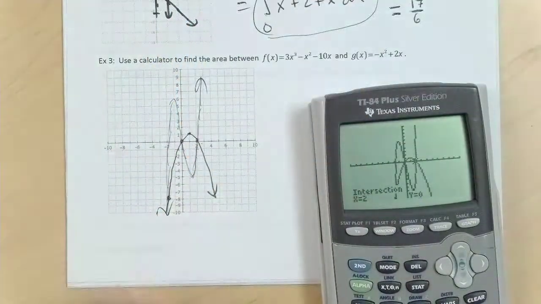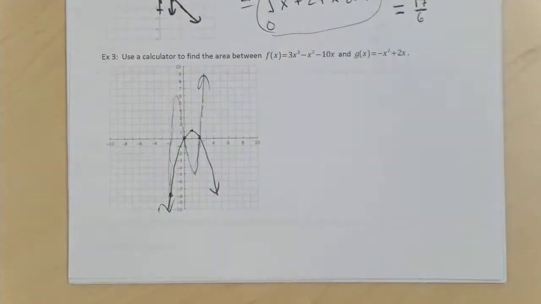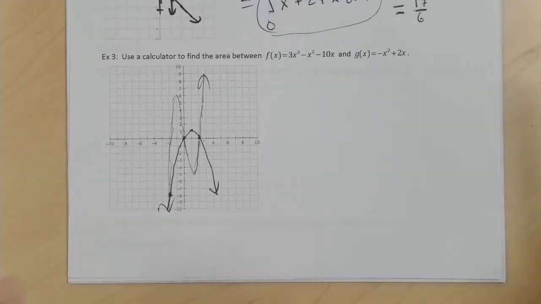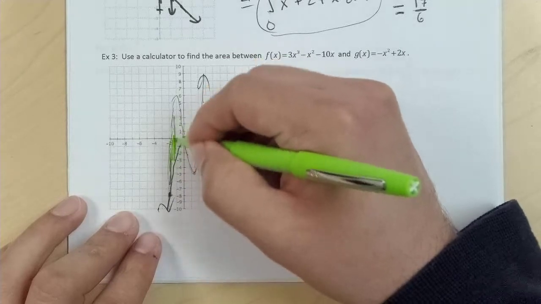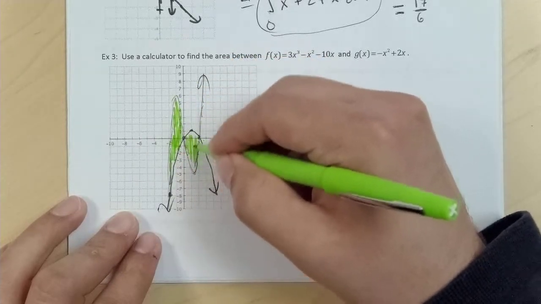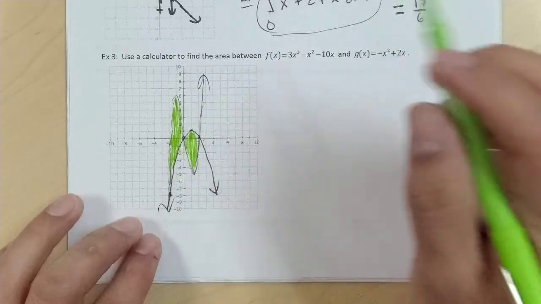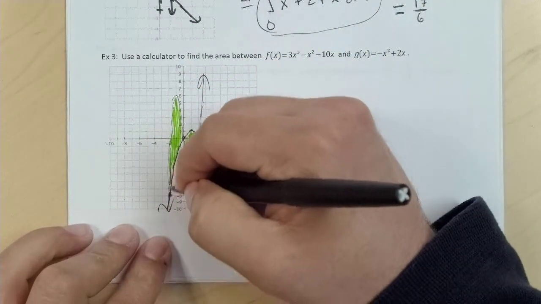Something like that. Okay? And so I've used my calculator. And again, what area am I trying to find? I'm trying to find this area right here and this area right here combined. These two areas between these two curves. Okay? So let me make the boundaries a little darker.